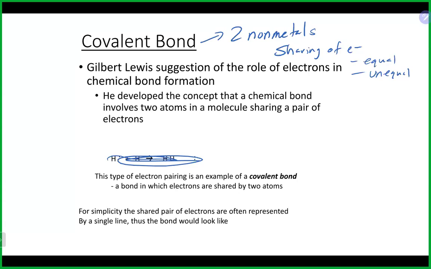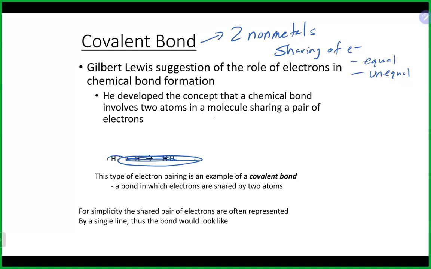Here they're like, I want to hang on to them. So the best they can compromise on is sharing. In some cases, one doesn't really want to share all that much, so it pulls the electrons a little closer to itself. Some are like, cool, we'll equally share. But some are like, I'll share, but I kind of want to hog the electrons myself, though I'm still going to share with you.